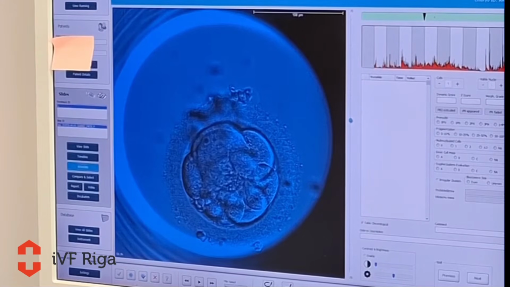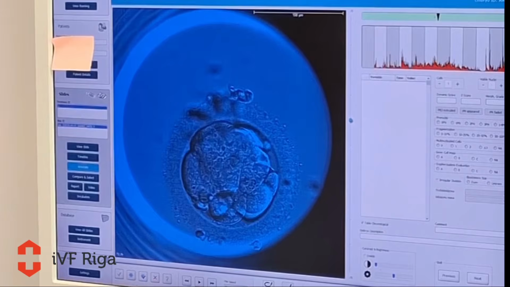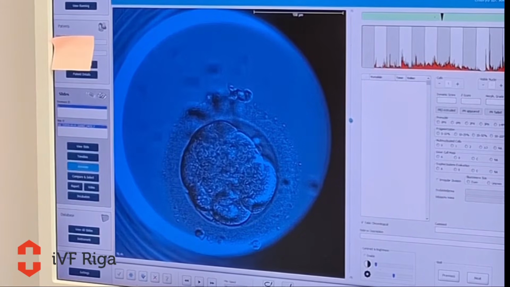This is the normal development of the embryos. And what happens after that? Day 4, among specialist embryologists, is named the porridge stage, when the number of cells grows extremely and forms a common mass of cells.